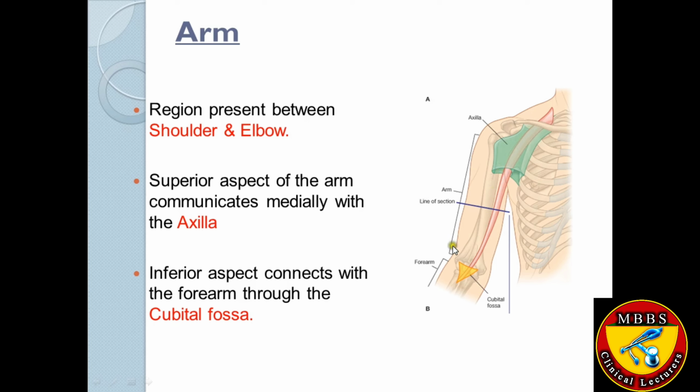The inferior aspect of the arm connects with the forearm through the cubital fossa. The cubital fossa is a triangular area anterior to the elbow joint, and it will be discussed in the next class.